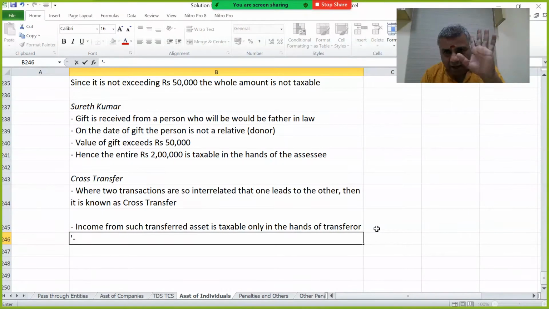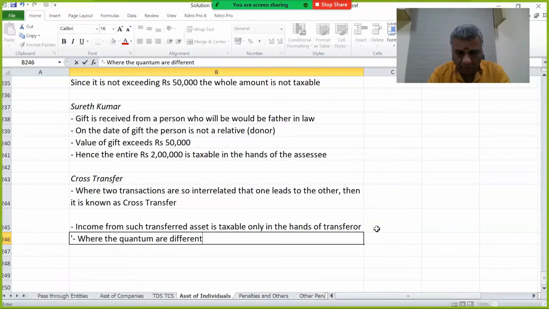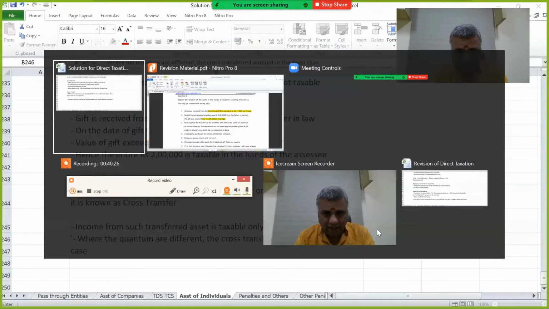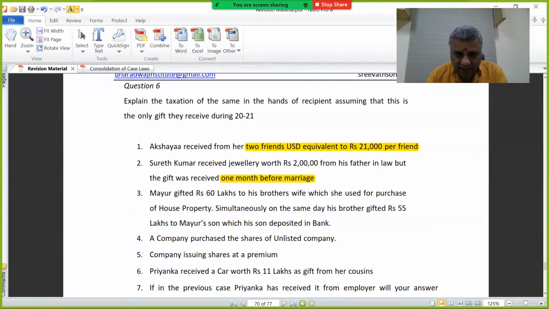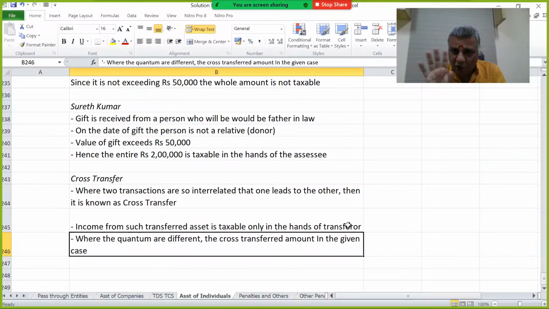Where the quantum is different, the cross transferred amount in the given case is 55 lakhs, because one is 60 lakhs and another is 55. So 55 is the cross transferred amount. The 5 lakhs you cannot call cross transferred amount.